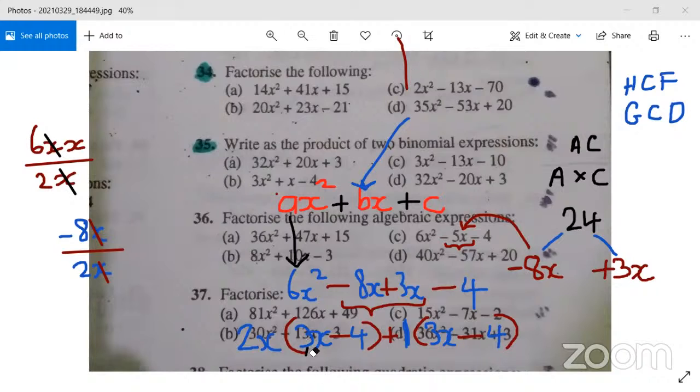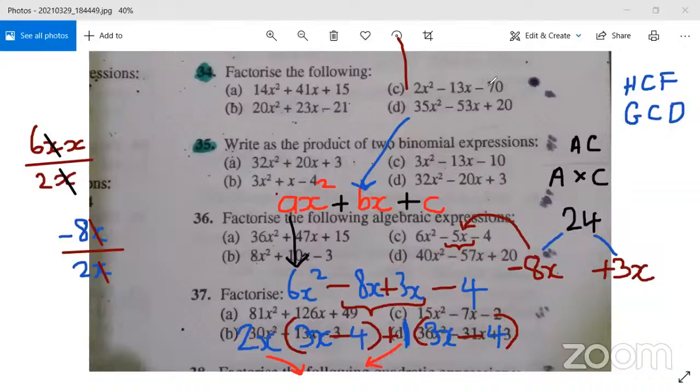So let's just, what I typically do when I'm doing this kind of question is I will point the 2x here, and I will point the plus 1 here.